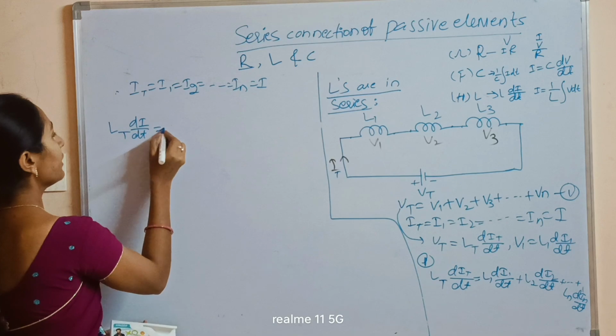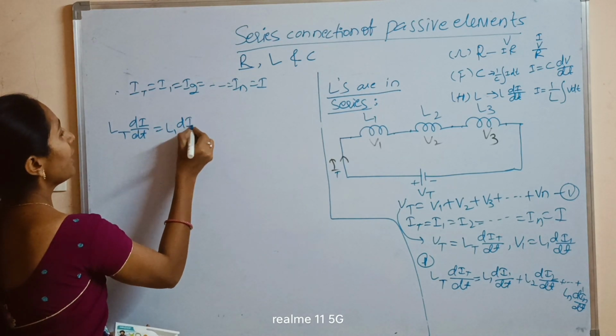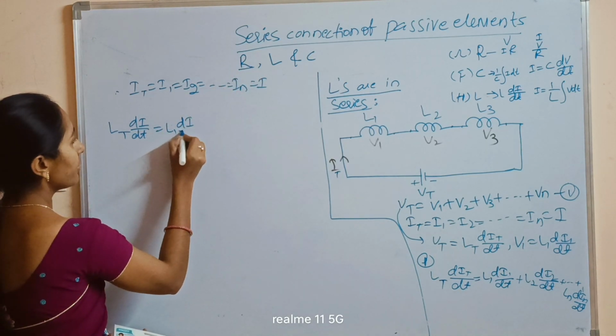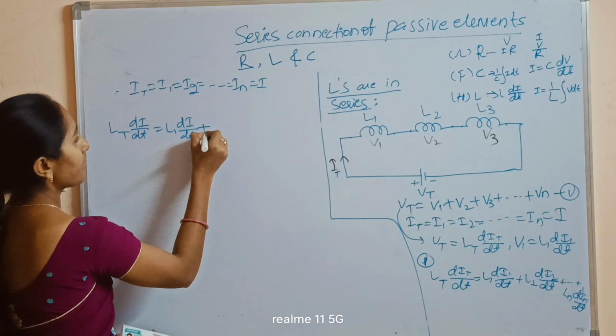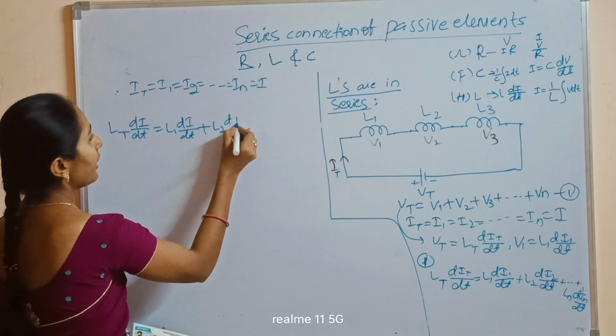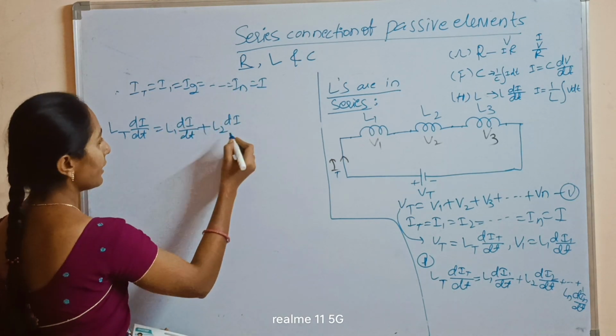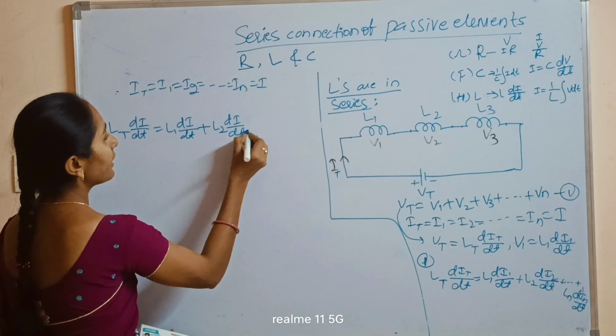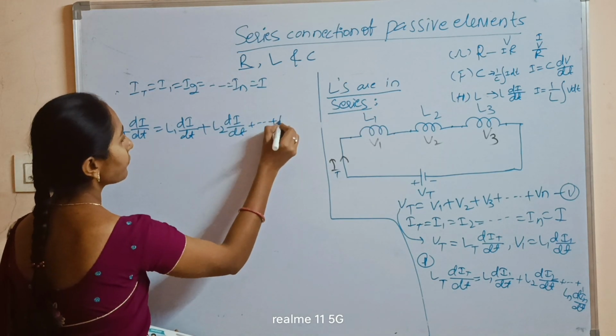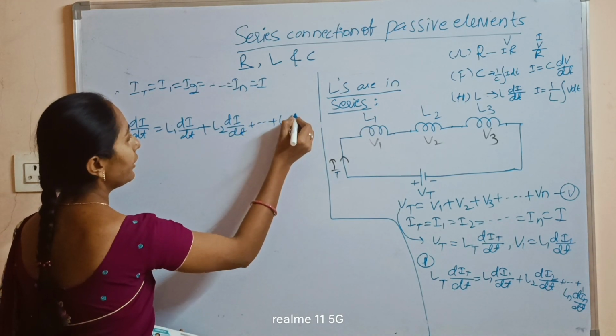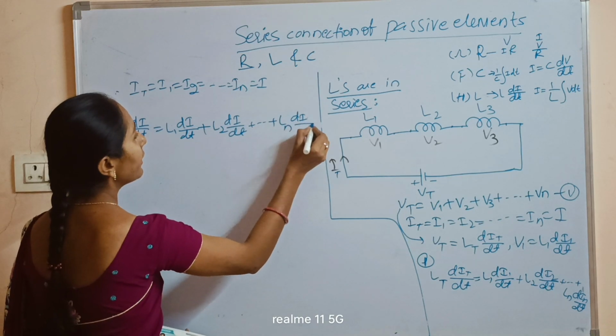Now coming to right hand side, that is L1 into di1, which is also I, so di by dt, plus L2 into di2, also I, so di2 by dt, plus so on plus Ln into di by dt.